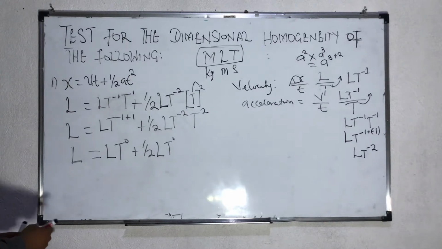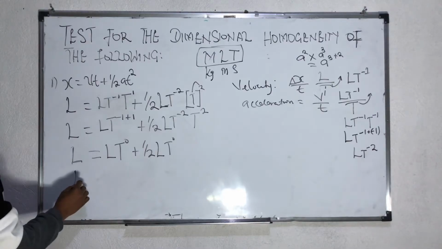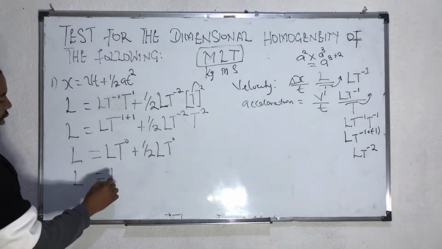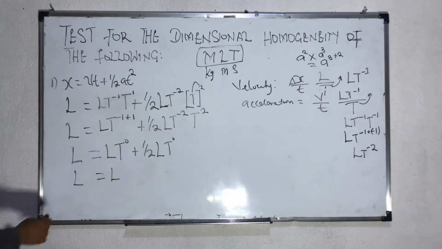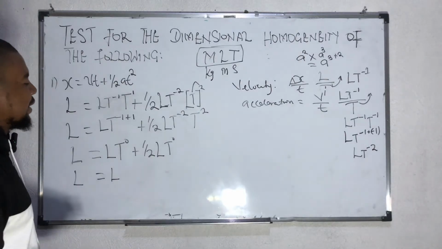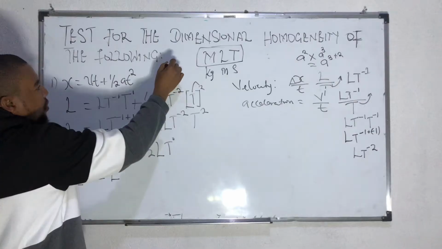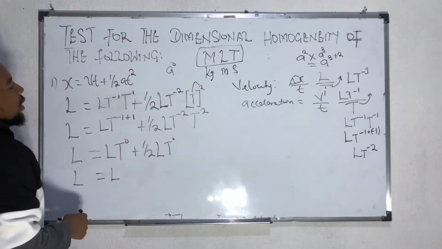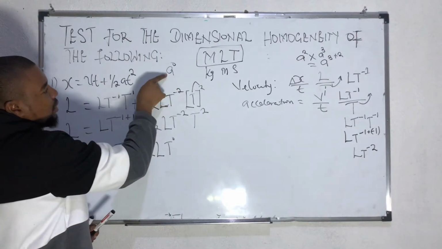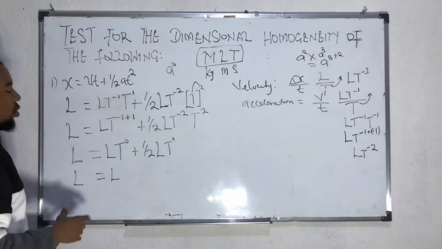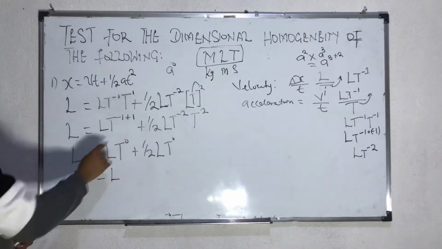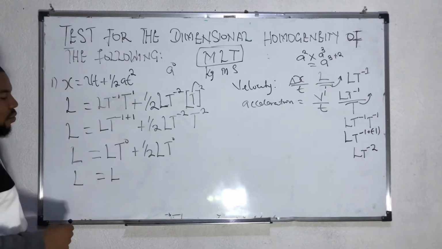And lastly, let's see how we can work this through. We have an L here on the left is equal to L. T raised to the power 0, okay, is equal to 1. When you have, let's say, a raised to the power 0, according to the laws of exponents, this a is equal to 1. So if t is raised to the power 0, it means that this t is now equal to 1.